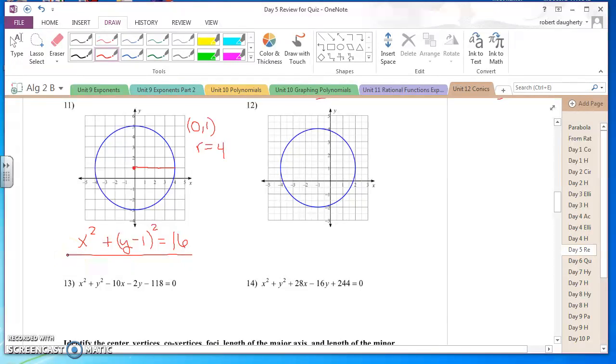Similarly, if I come over here, the center of this circle is at -1, 1. The radius of this circle is 1, 2, 3. So this is x plus 1 squared plus y minus 1 squared equals 3 squared, or 9.